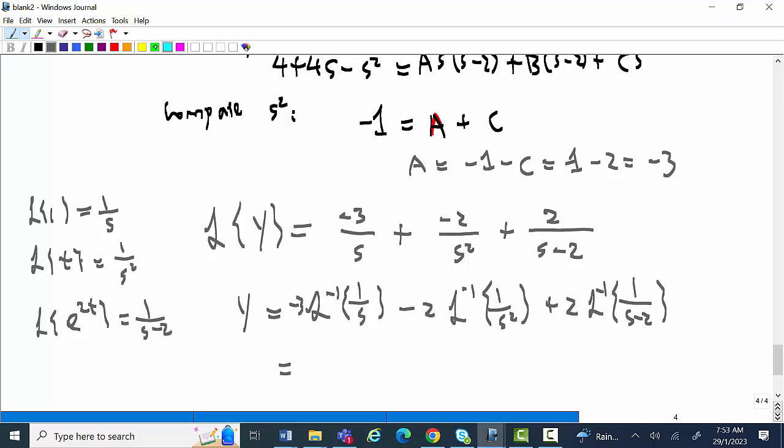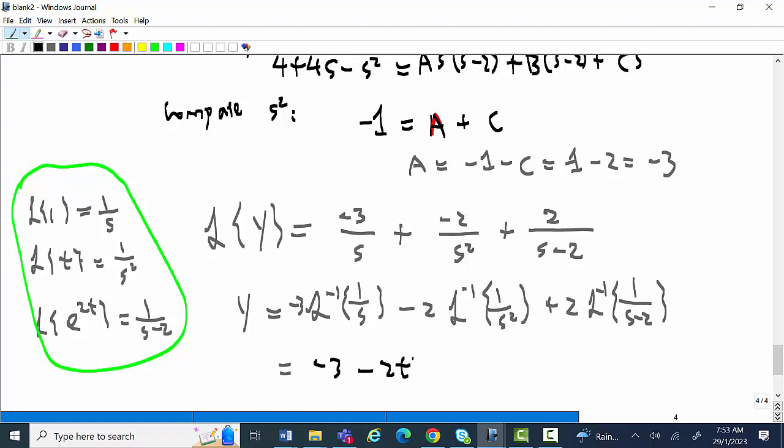This we know from the standard Laplace transform table. So therefore, the answer is minus 3 times 1 minus 2t, and then plus 2e power 2t. That is how we get the final answer of example 11.